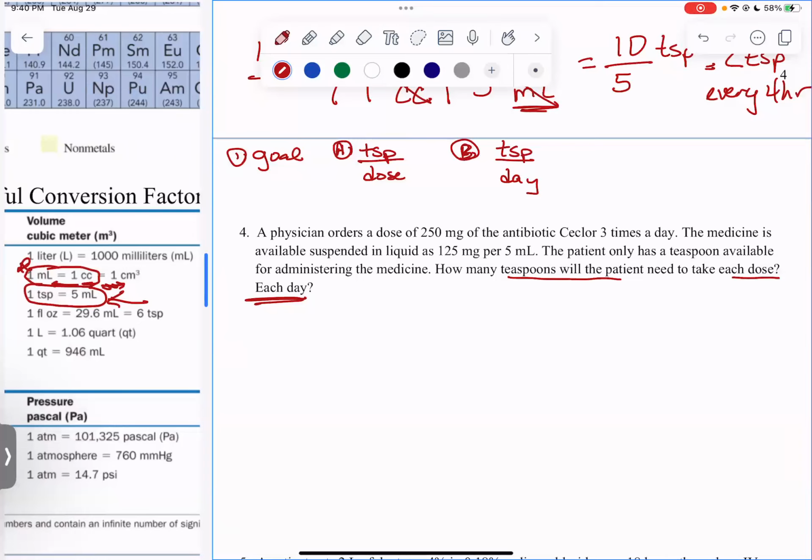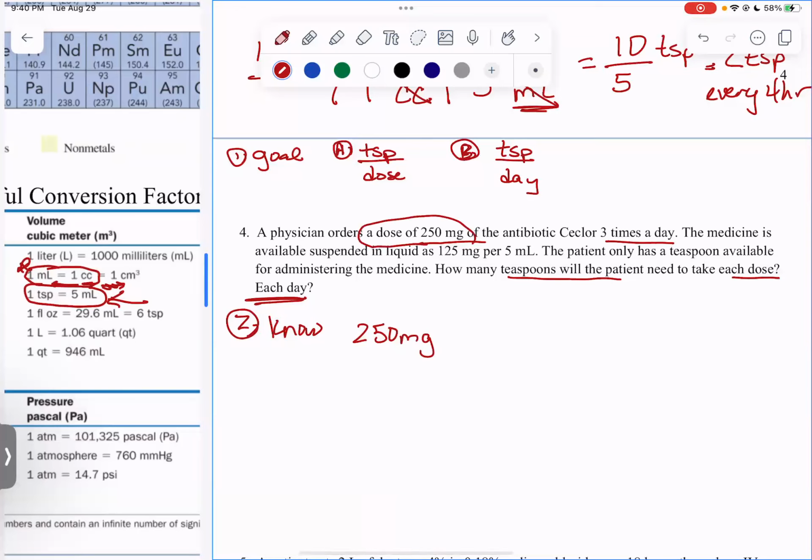Now you need to start pulling out information. So what do you know? Well, I know that the physician ordered a dose of 250 milligrams of our antibiotic 3 times a day. That's technically 3 little pieces of medicine, because the doctor is telling me that I need to give the patient 250 milligrams of medicine every time it's a dose, right?